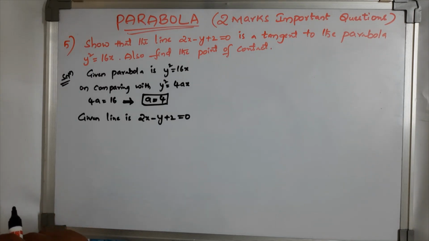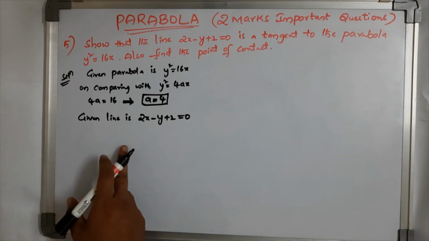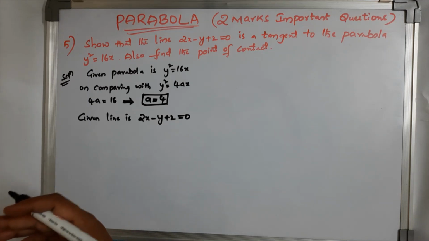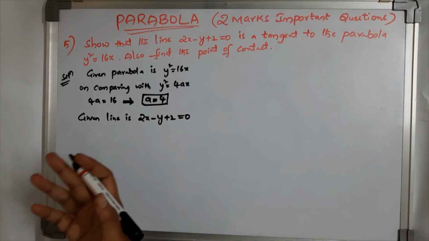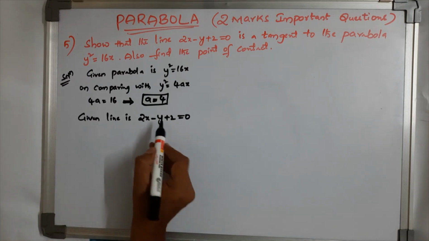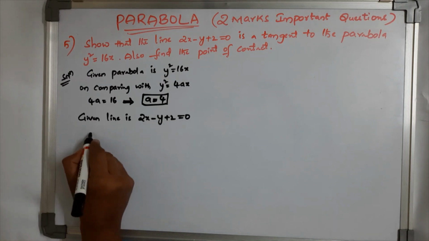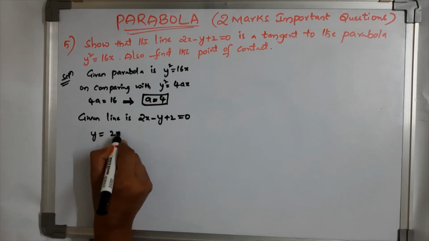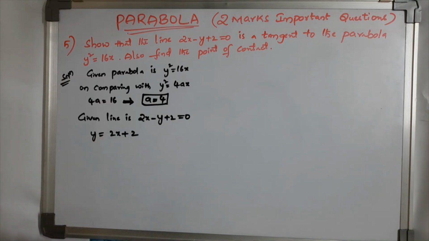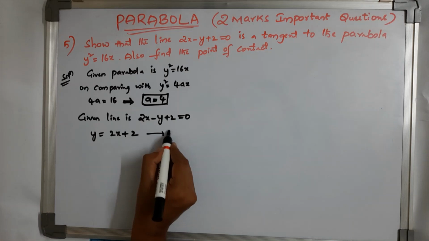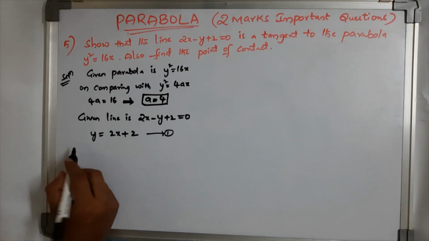So we have to convert this line into the slope intercept form of a straight line. Take this y to the other side: y is equal to 2x plus 2, right? Consider this as equation 1.